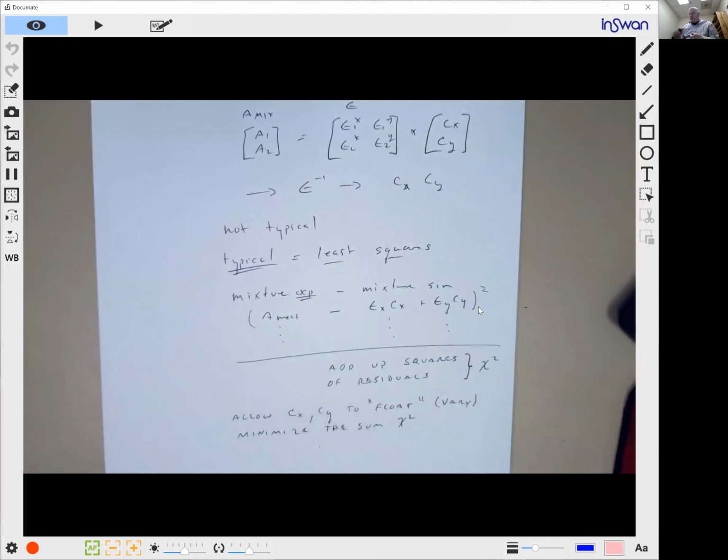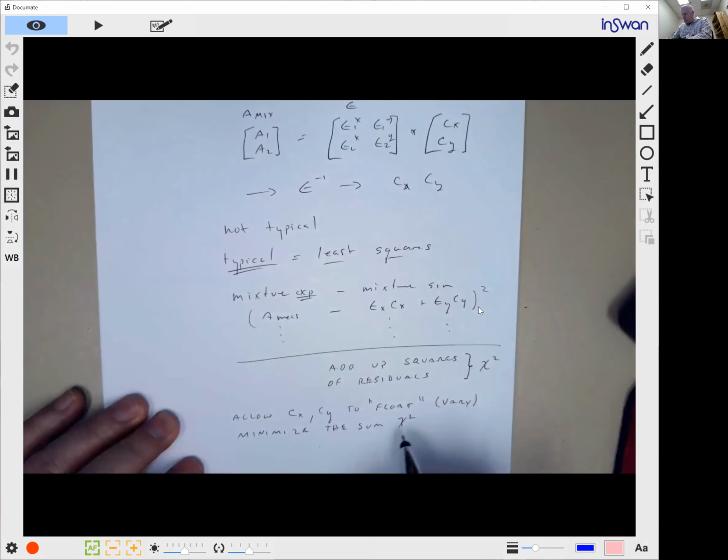It's basically minimizing the partial of chi squared with respect to Cx, and the partial of chi squared with respect to Cy. It does this simultaneously. And as long as you have enough data points, it works.